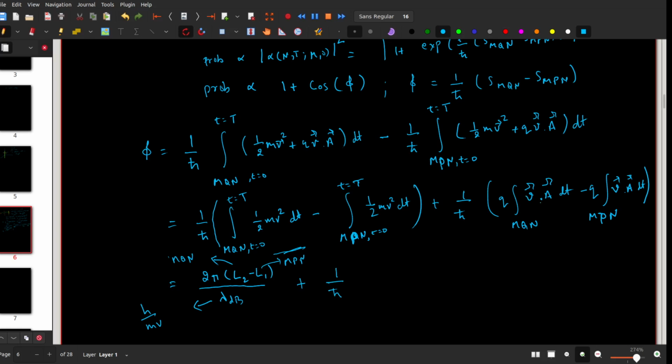The contribution due to the vector potential term is 1 over h bar q times the integral of A dot v dt, and v is dx by dt. So this becomes A dot dx along path MQN minus A dot dx along path MPN.